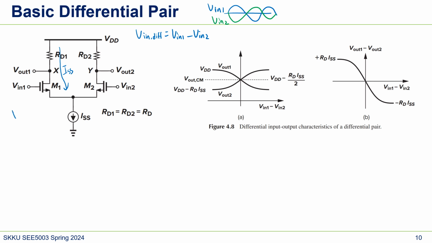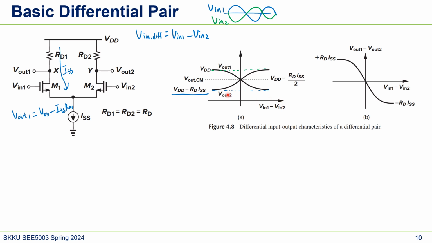So V out 1 will be VDD minus ISS RD1, and that's the point here. And what happened to V out 2? Since no current flows here, V out 2 will be VDD.